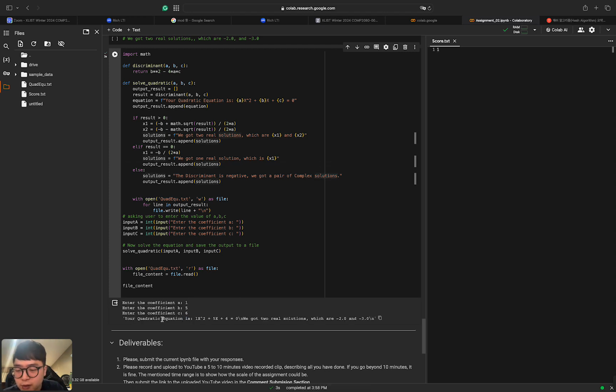Here's the result of the quadratic equation. It should be saved in these parts. So let's check it out. Oh, it's the same. Your quadratic equation is 1x squared plus 5x plus 6 equals 0, and we got two real solutions, which are minus 2.0 and minus 3.0.